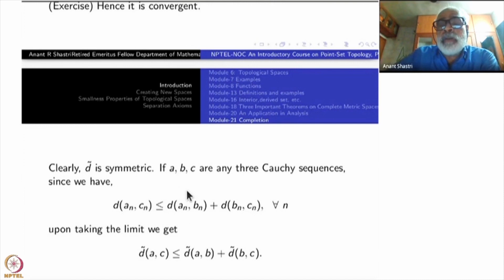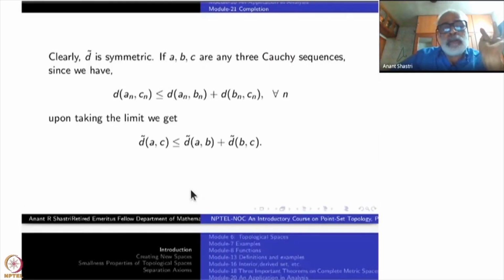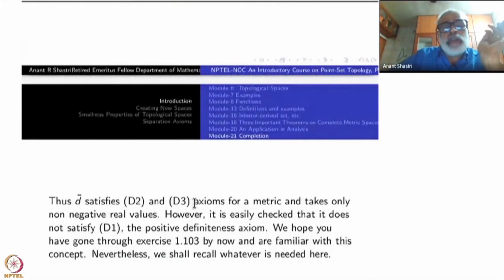However, the only thing that is not true is the positive definiteness. Non-negativity is still true, but the definiteness part is missing here. The D0 axiom is missing here. The D2, D3 axioms are true.